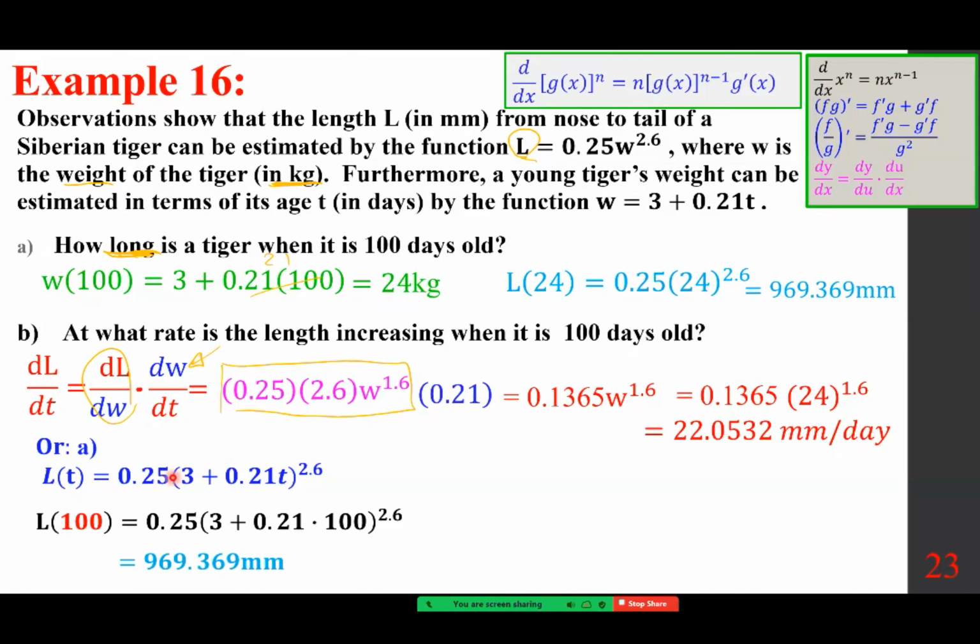So if in this formula, I replace the t with 100, this is the answer to part A, everybody. This is not part B, this is part A. What about part B? Well, we are going to rewrite L as a function of t.